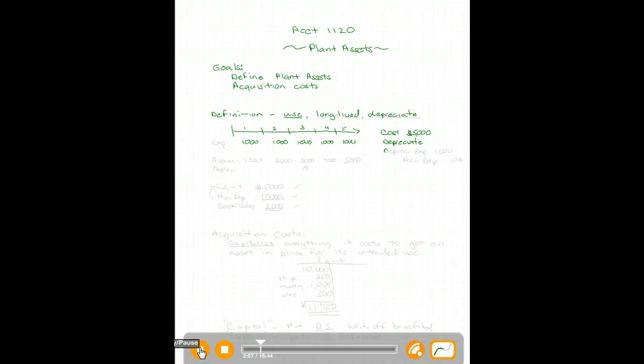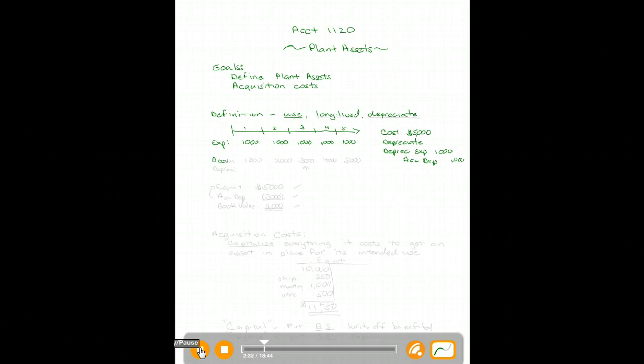And the entry would look like this. If you'll recall from previous accounting classes, depreciation expense and accumulated depreciation, and in our case it would be $1,000. So depreciation expense would be $1,000 each year, matching the cost against the revenue it generated.